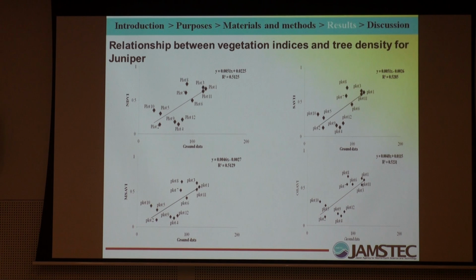Now coming to the results. We estimate the relationship between ground data, trees or vegetation cover on the ground, on the x-axis, and the vegetation indices on the y-axis. You can see in all of the graphs, R square is low for arid and semi-arid regions.